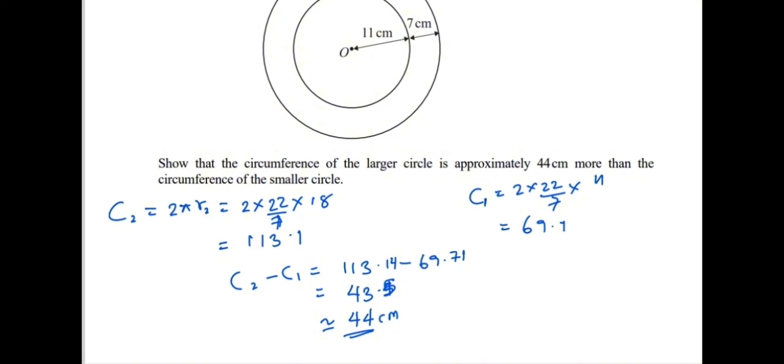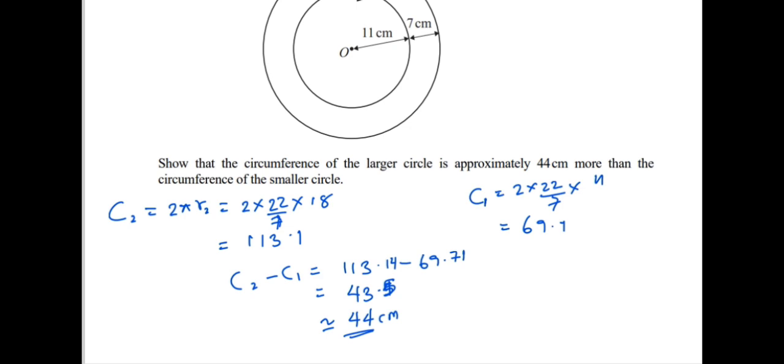So all those things are actually going to affect the actual value that you're going to have. But the most important thing is that your result must be as close as possible to 44. Okay, when you have anything of 43.8 whatever, or you have 44 point whatever, your answer is perfectly correct.